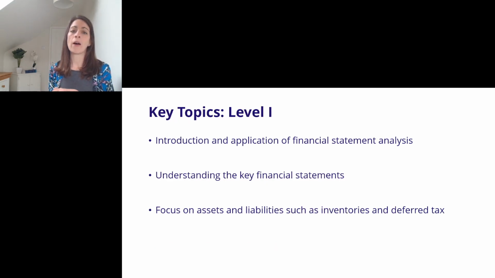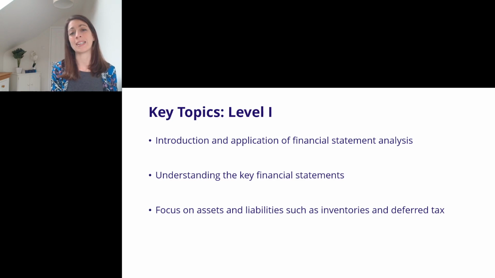Now, in terms of how this gets covered over level 1 and level 2. Level 1, of course, first off introduces you to the financial statements and financial statement analysis. So it looks high level at what the key different financial statements are, so your income statement, your balance sheet, your statement of cash flows, and thinks about the analysis side.